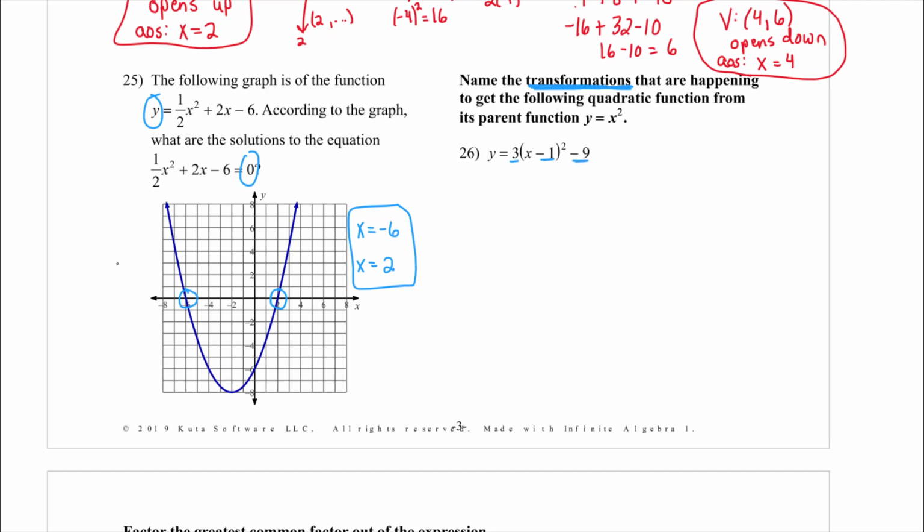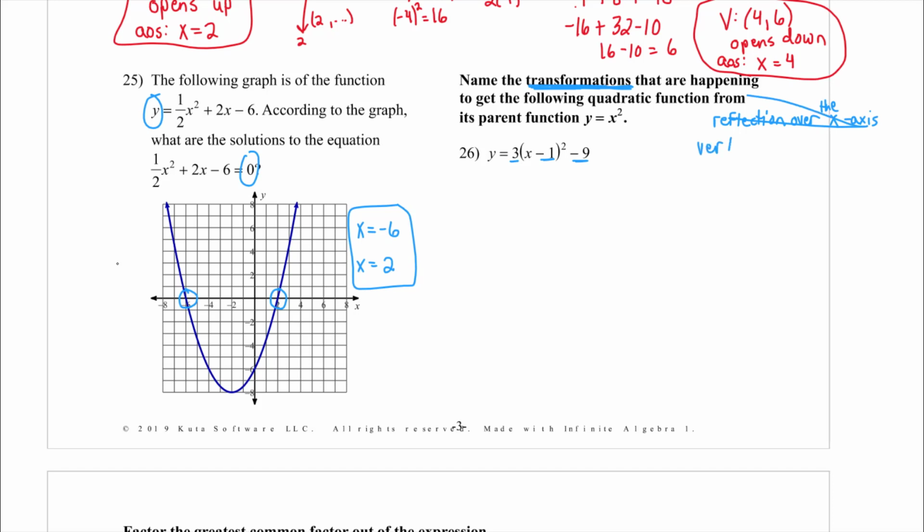There's actually 4 different types of transformations that can be happening. There can be a reflection. We would either say over or across the x-axis. So that happens when there's a negative in front. That's not happening here, but that is a thing that can happen.